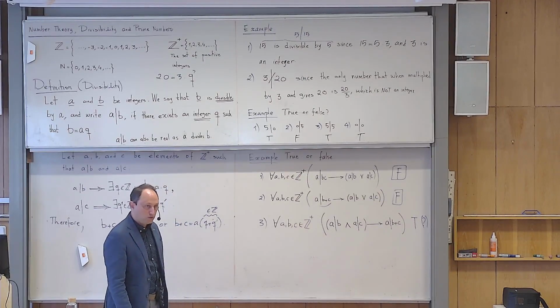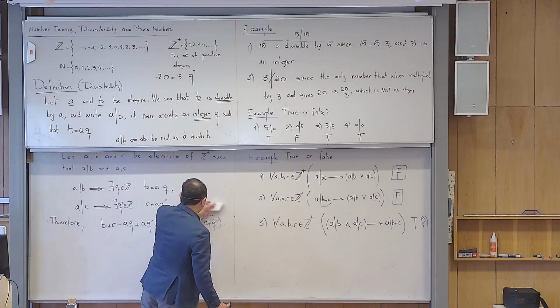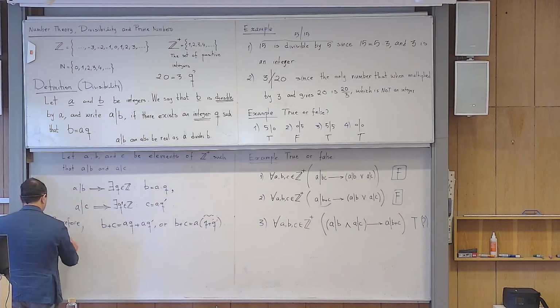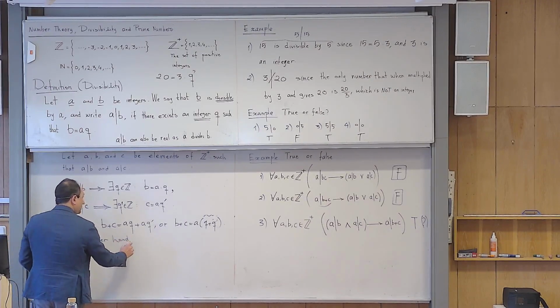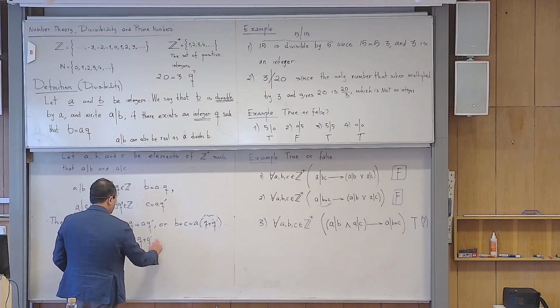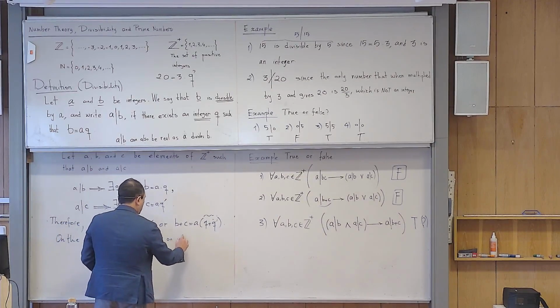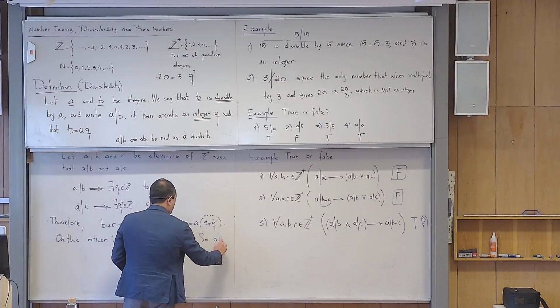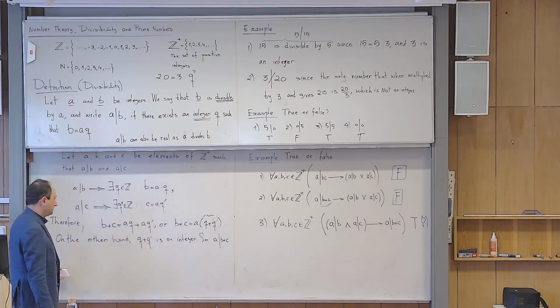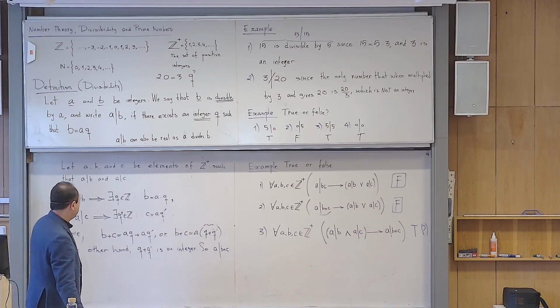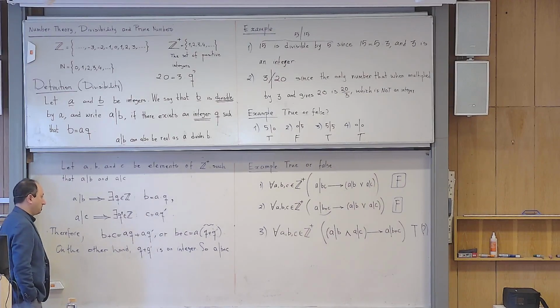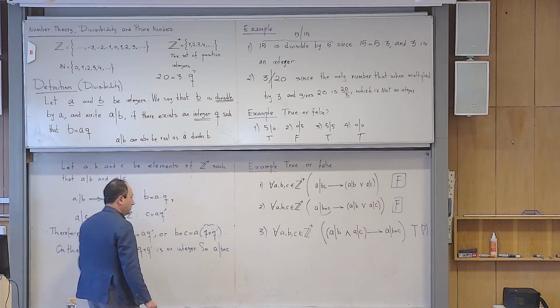On the other hand, q plus q prime is an integer. So a divides b plus c. Is that clear? So this is true. Now I can take this question mark off.